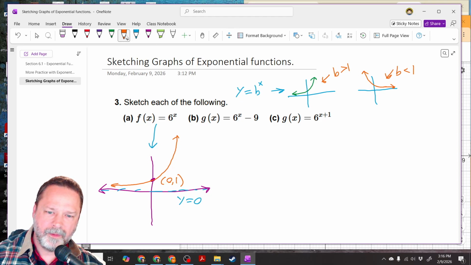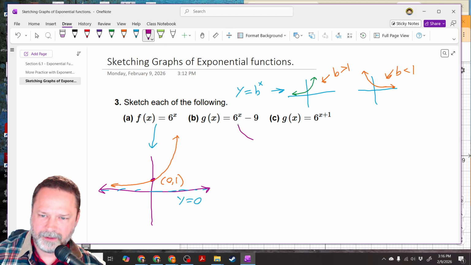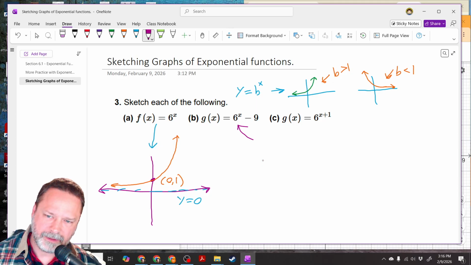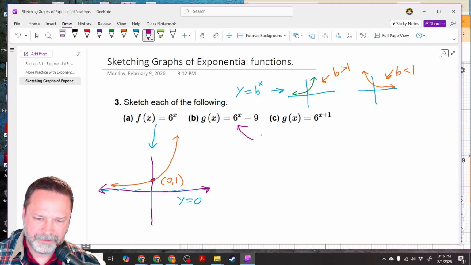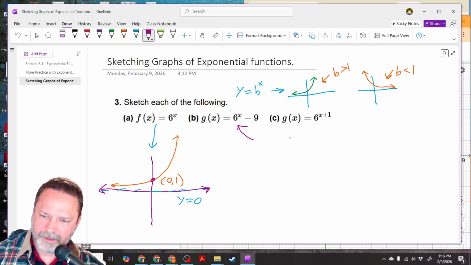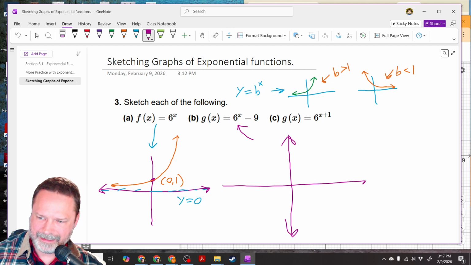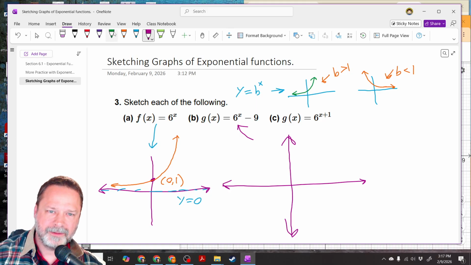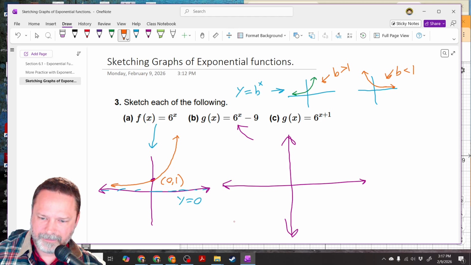That's pretty much it. We've got that shape. Now, this one looks very similar, but now it's minus 9. Well, that's really easy. That's going to be the same as the one we just did, but it's just moved down 9. So here's my asymptote.